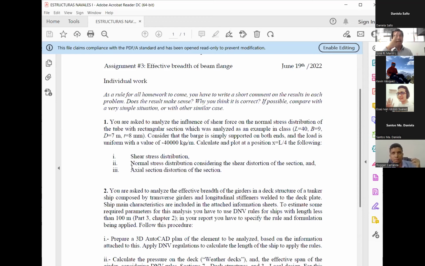But now in chapter 2, we said we have to include the effect of the shear stress, and the shear stress does something like that. So this section rotated, but also it has a little bit of distortion. It's not straight anymore because of the shear. So I want you to have that picture in your mind.